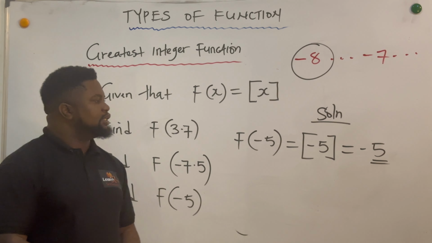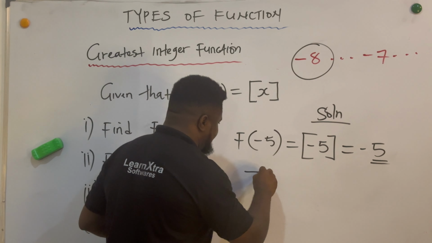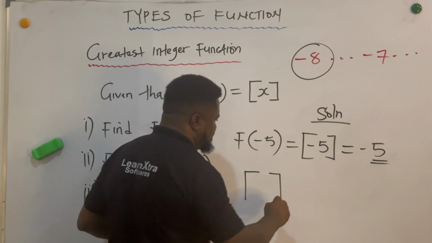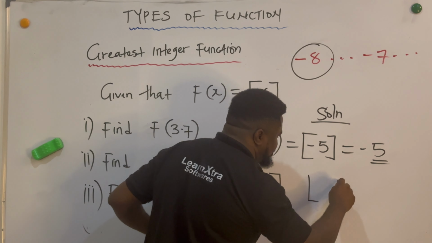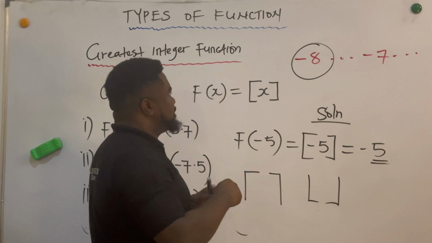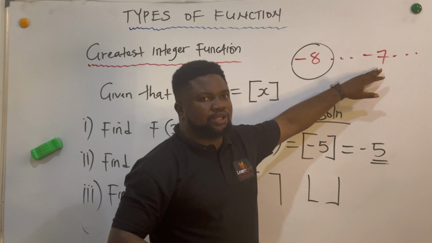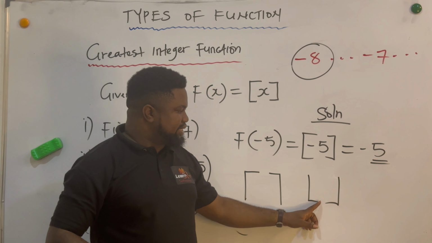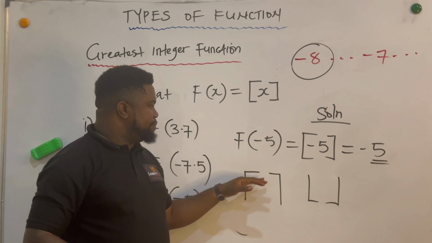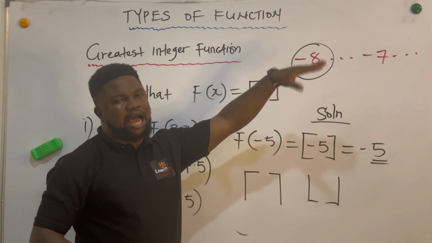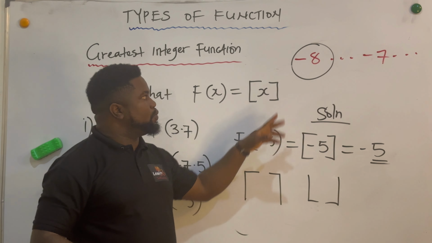Now talking about the ceiling function and the floor function. For the floor function, say the numbers between minus 8 and minus 7, the floor function picks the one less. The ceiling function picks the one above.